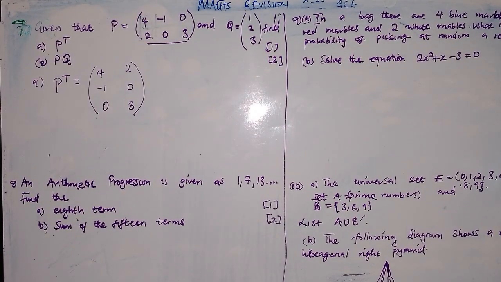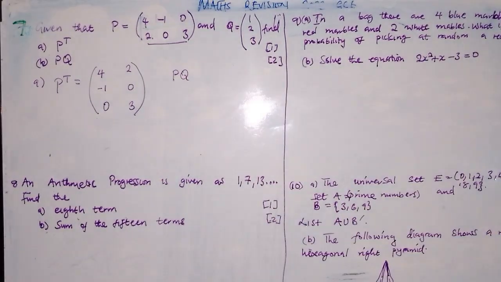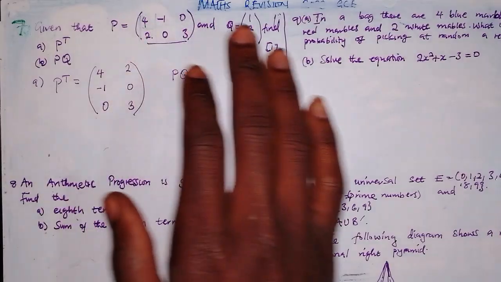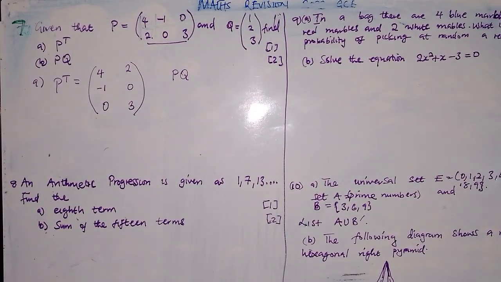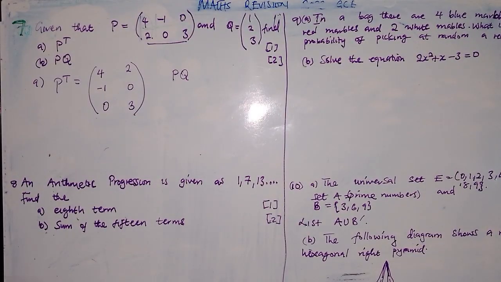Then part B is saying find matrix PQ. So how can you find PQ? Whenever they ask you to find PQ, they are telling you to multiply this matrix with this matrix. Remember the laws for multiplication of matrix. We say that the rows must be equal to the columns. So the first thing you do is write the order of matrix.